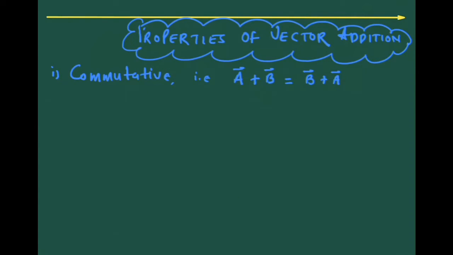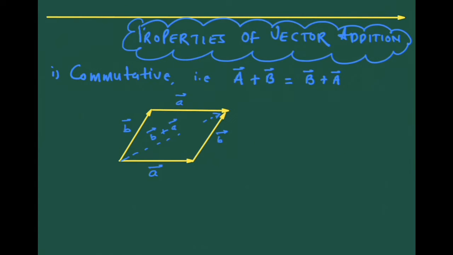Means if we take two vectors, vector A and vector B, if we take upper triangle, so resultant is B plus A, and if we take lower triangle, resultant is A plus B. So that shows here the vector addition is commutative.